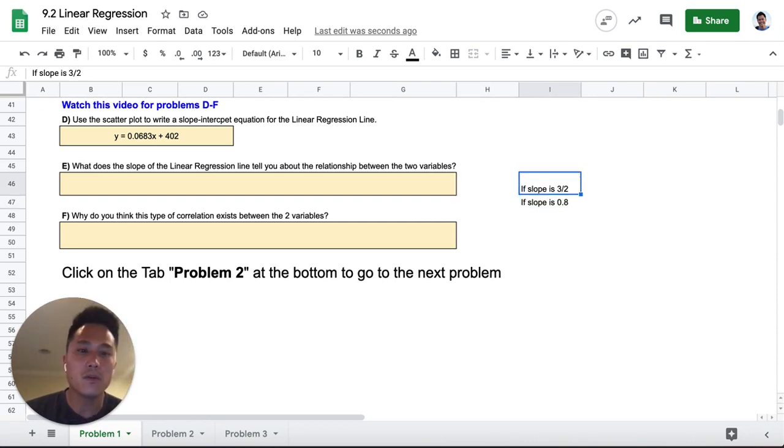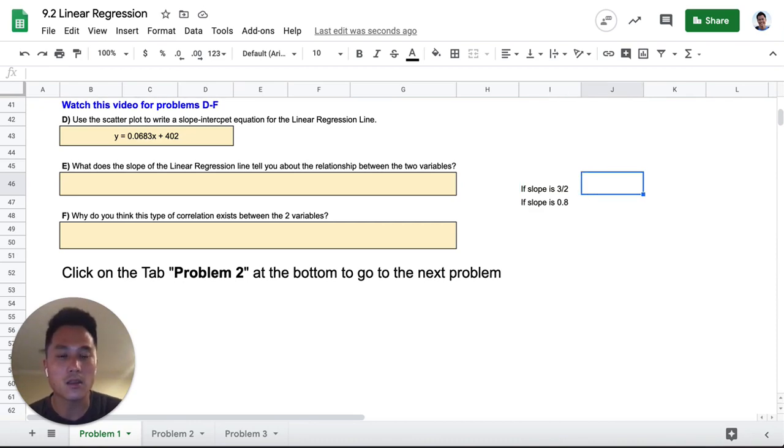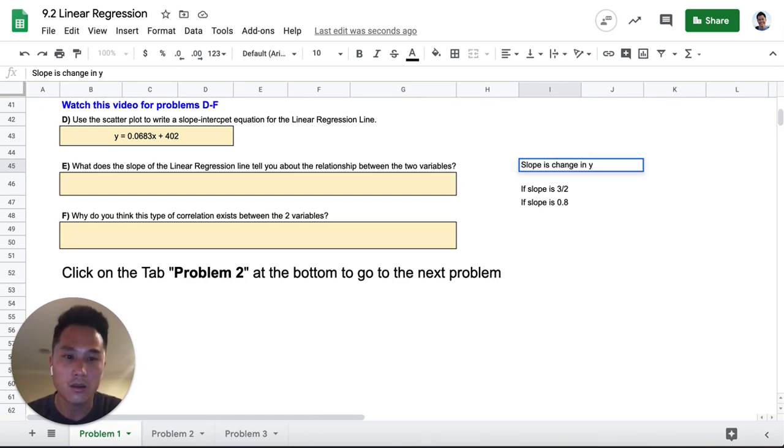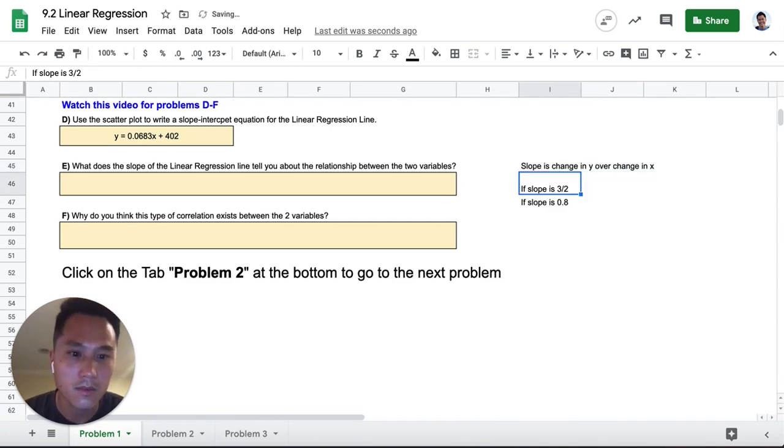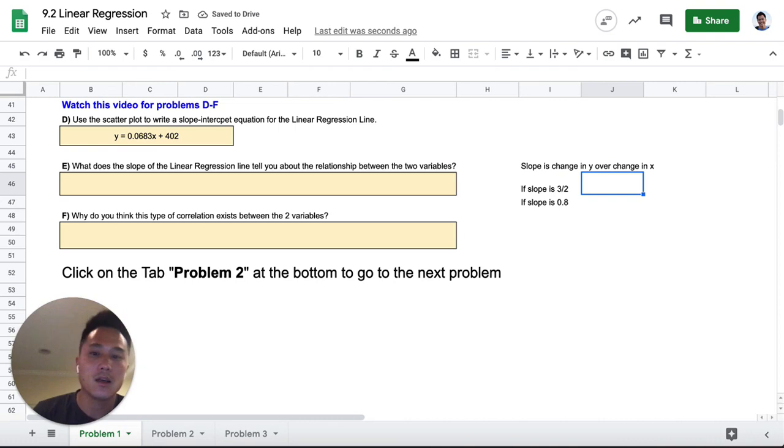If the slope of something is 3 over 2, remember, that means slope is change in y over change in x. So a slope of 3 over 2 is telling us that the change in y is 3 for every 2 change in x.